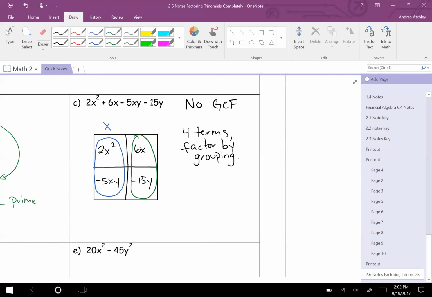Can they be divided by 3? Yes, let's pull out a 3. Okay, and because the 6 is positive, the 3 is going to be positive. Then we're going to factor out this way.